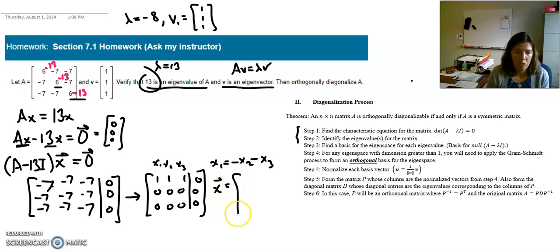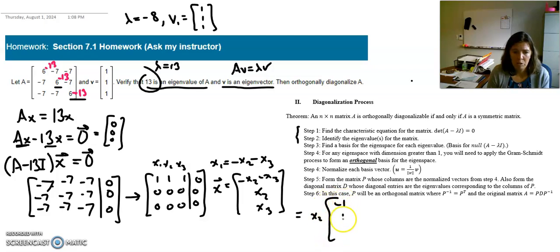So x1 is negative x2 minus x3, x2 is just x2, and x3 is just x3, another free variable. And so you can break that down into x2 times the vector negative 1, 1, 0, and then x3 times the vector negative 1, 0, 1.